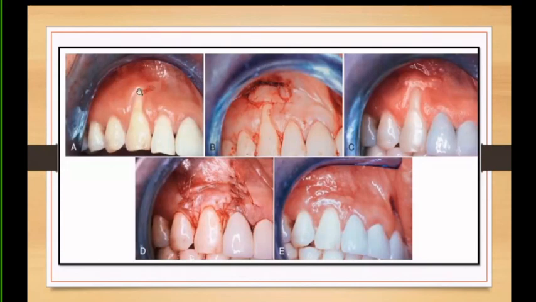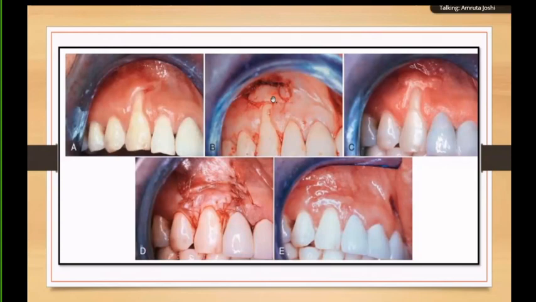Because in the first picture there is no attached gingiva. For a coronally displaced flap or coronally advanced flap, which are one and the same thing, you should have attached gingiva below the recession so that you can stretch it coronally. So for that we have a gingival graft, and let it heal for 3 to 6 months.